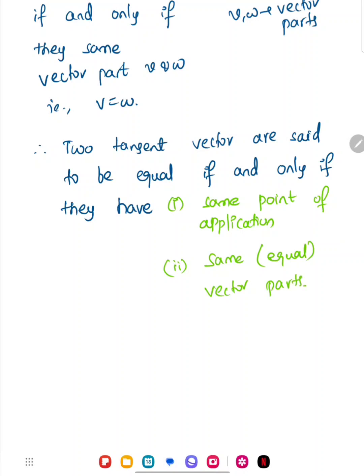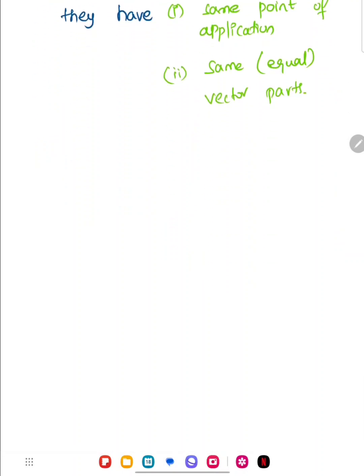Next we can see the parallelity of tangent vectors, that is, parallel tangent vectors. Here we consider two tangent vectors VP and VQ.